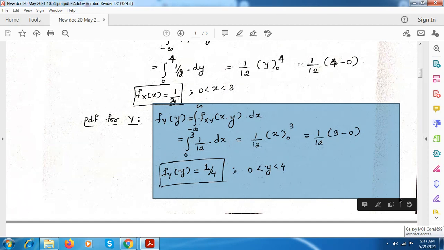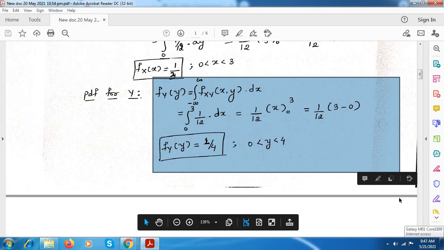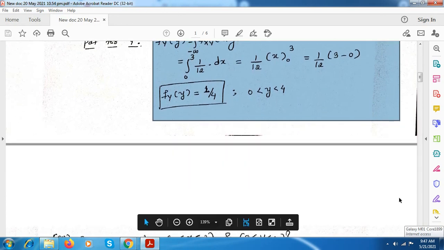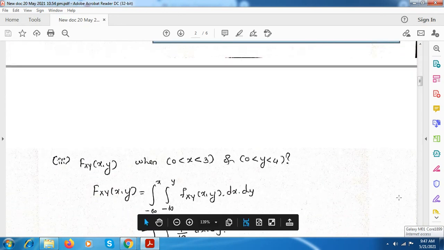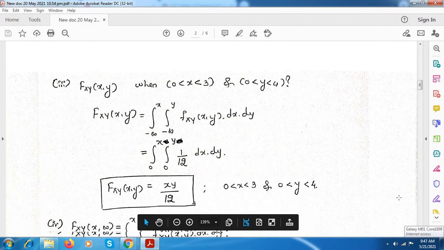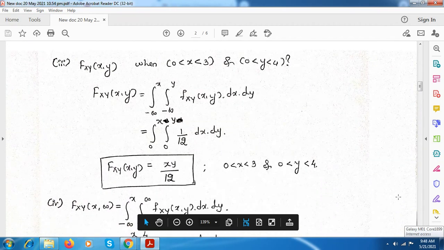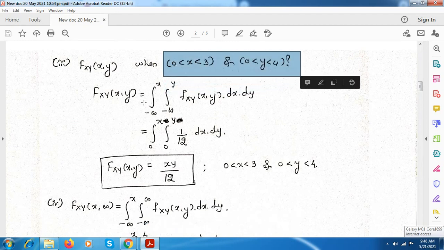Next we have to find the CDF. So to find the CDF, they have given the same range, that is 0 to 3 and 0 to 4 for x and y respectively.